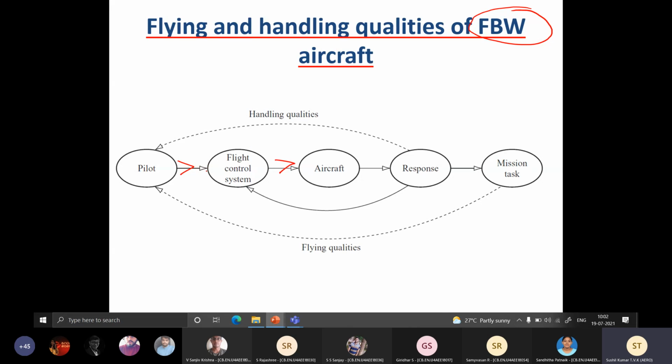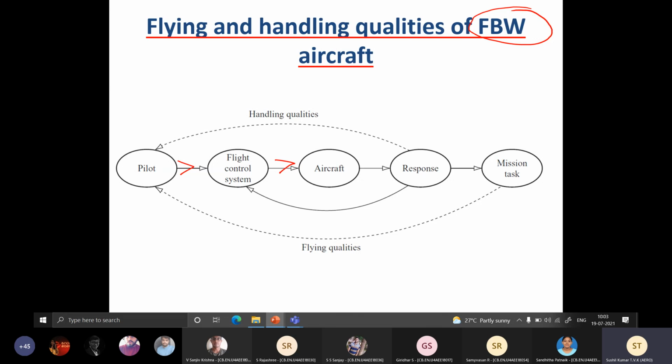What is the benefit of introducing a flight control system in this part between pilot and aircraft? A typical application you can say is you don't want the G limit to be exceeded. During combat, you don't want the G limit to be exceeded. So that's one of the functions, it's not the only thing.